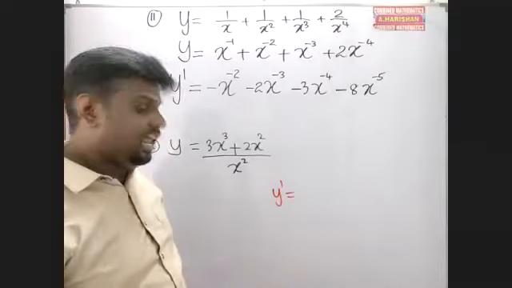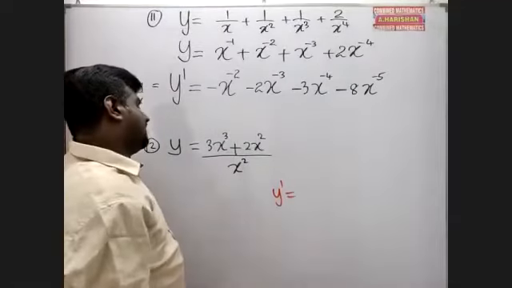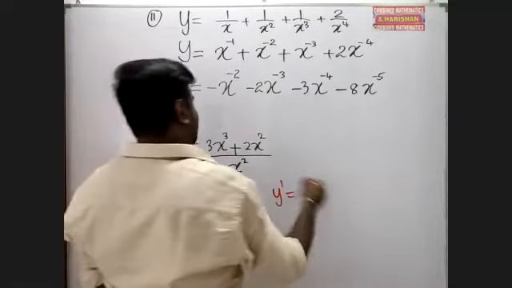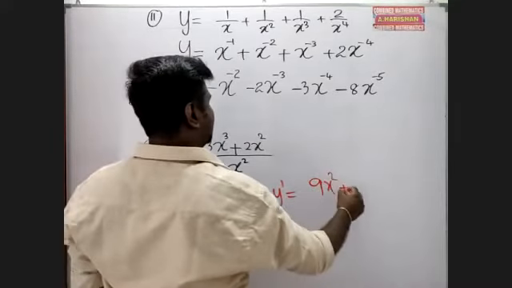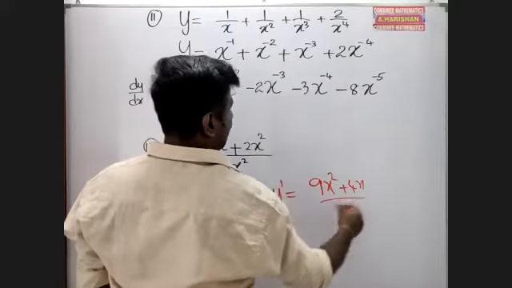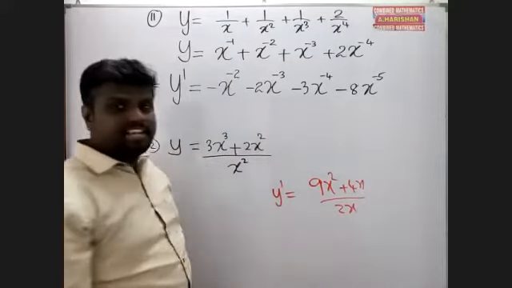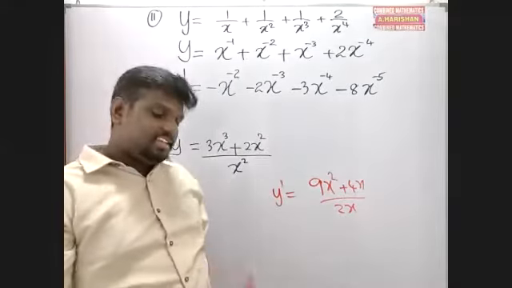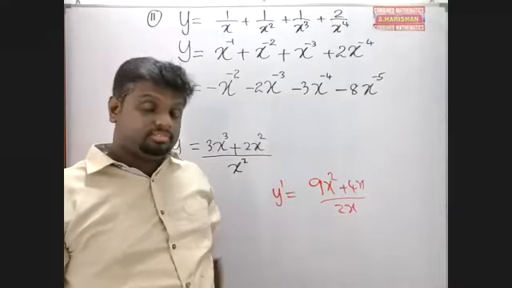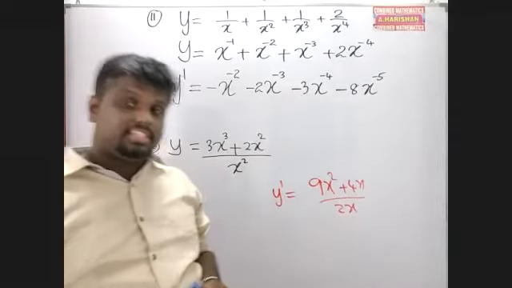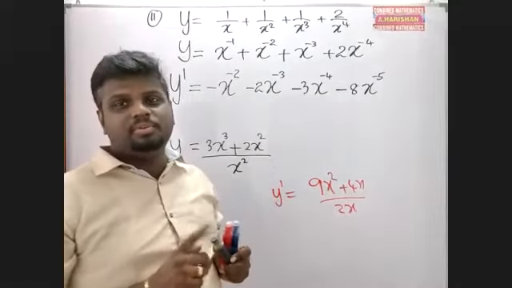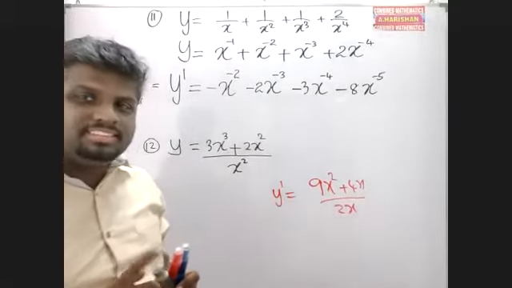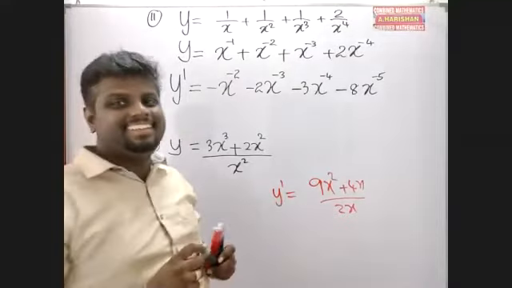He differentiated like this: 9x squared plus 4x over 2x. Correct? Yes or no?